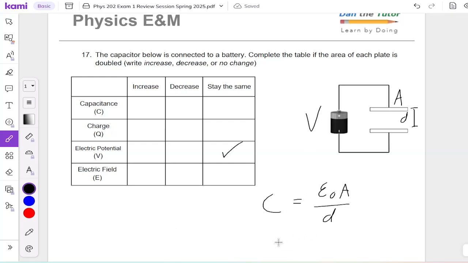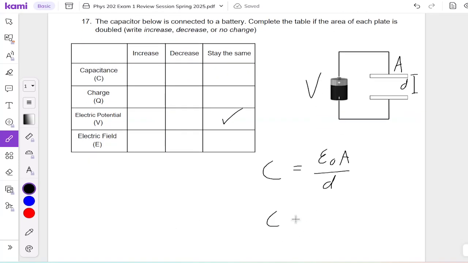In other words, C equals epsilon naught 2A over D. And obviously that's going to double my capacitance because of this 2 right here. So the capacitance increases. If you want to be more specific, it doubled in size.